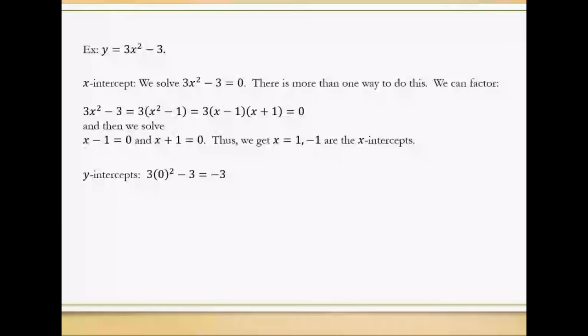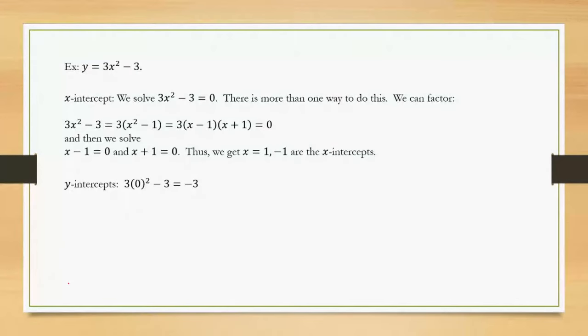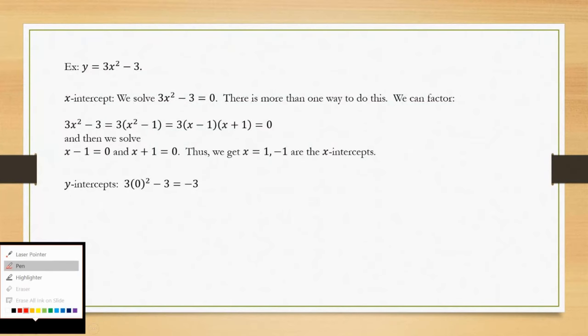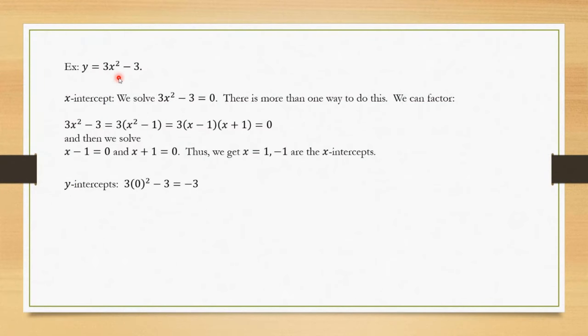So for instance, let's say we had 3x squared minus 3. Let's find the x-intercepts. Again, you set y to be 0, and now we solve this equation.